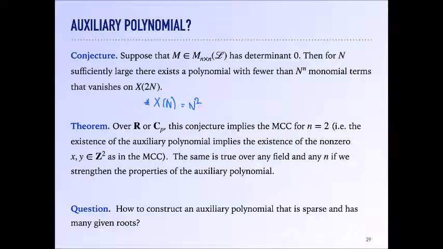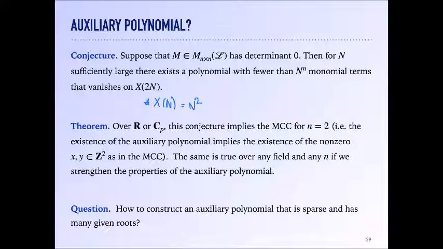Because if you try to do it by setting up your matrix of monomials and plugging in your arguments, you'll get some square matrix, and that square matrix generically shouldn't have vanishing determinant. But what I want to propose is that if you have a matrix of logarithms whose determinant is 0, then in fact such a polynomial should exist.